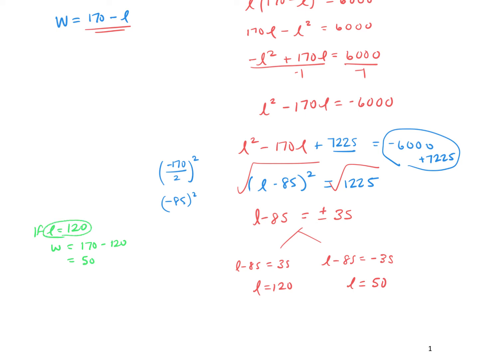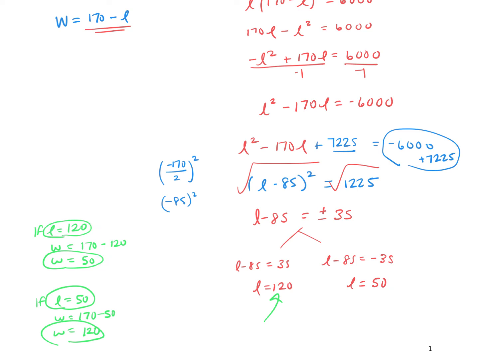So length is 120, width is 50. That's one possibility for our first solution of 120. Well, what if our length is 50? The width would be 170 minus 50, and 170 minus 50 is 120. So if the length is 50, the width is 120.